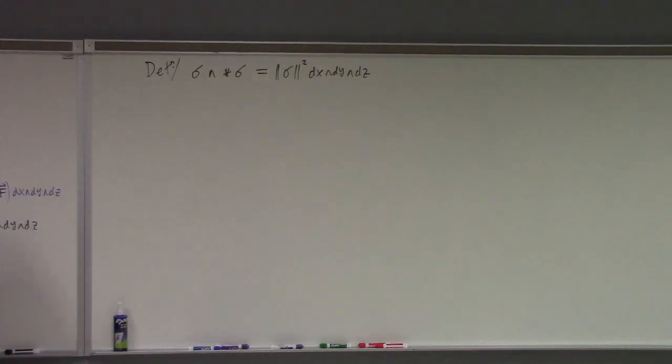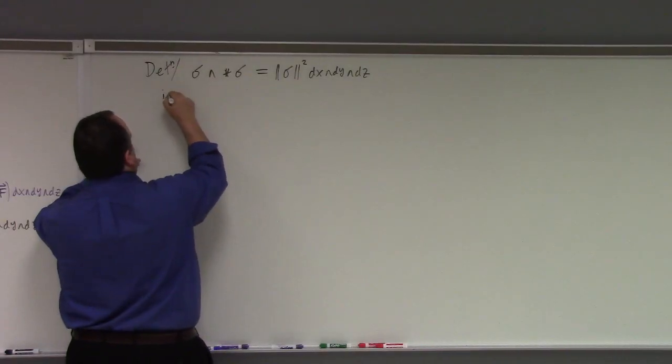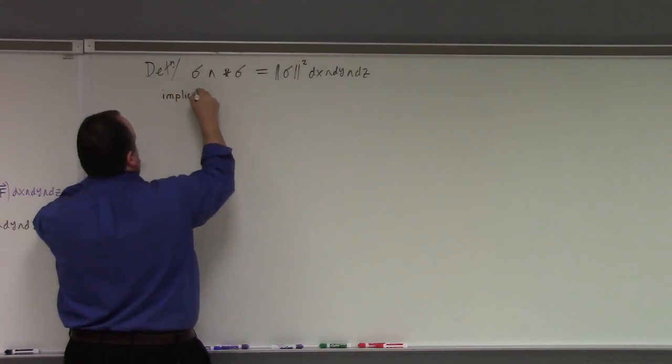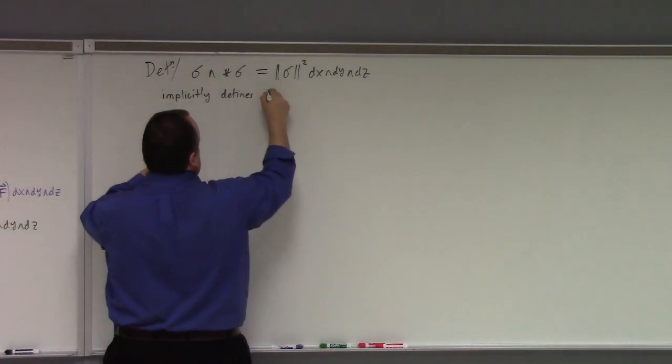All right. And here I'm introducing a concept, which is the length of a form, right? This implicitly defines the Hodge dual of sigma.